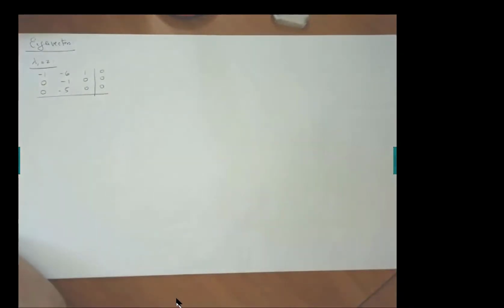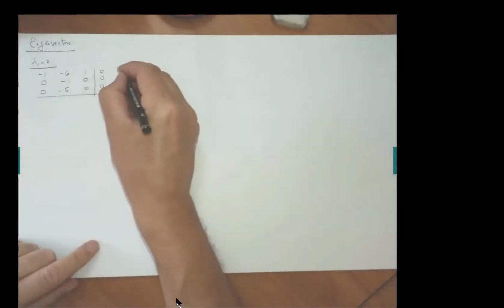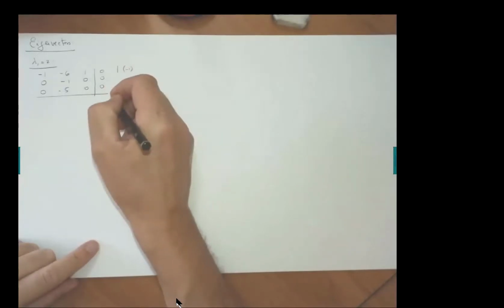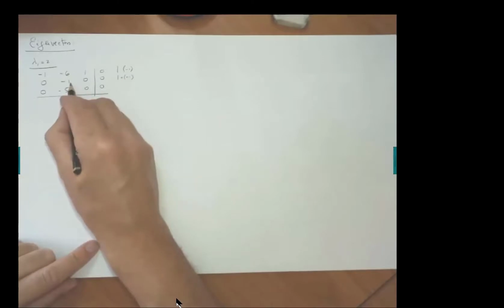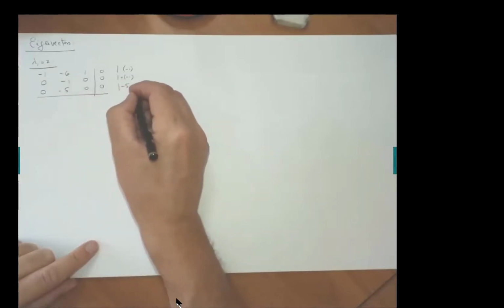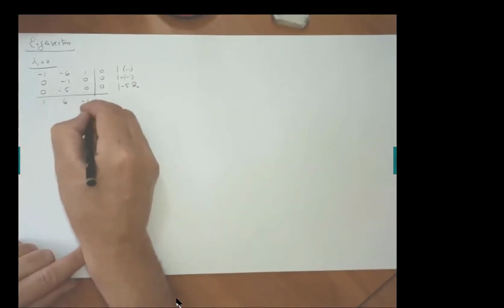So this is what I get here for 2. And again, I turn this here into my leading 1. So I multiply by -1. This here also I multiply already by -1. So that will be another leading 1. And this here I eliminate right away, -5 times row 2. This turns into 1, 6, -1, 0.